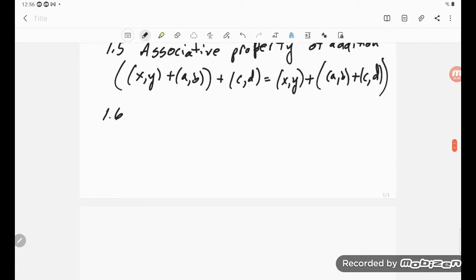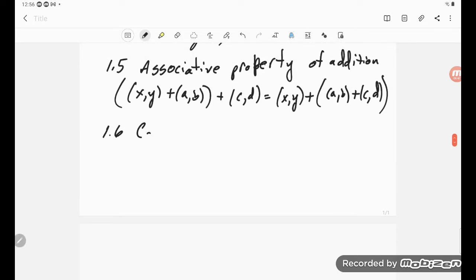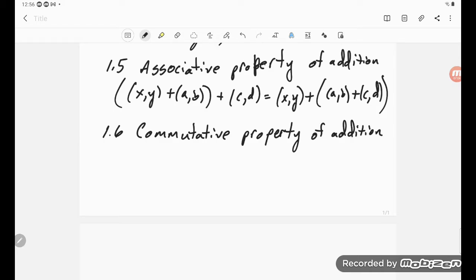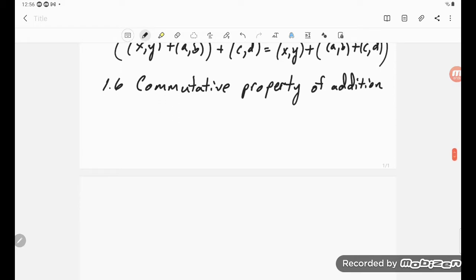1.6 is commutative property of addition. So, you know, these are things that you're used to with real numbers, and they work with complex numbers.